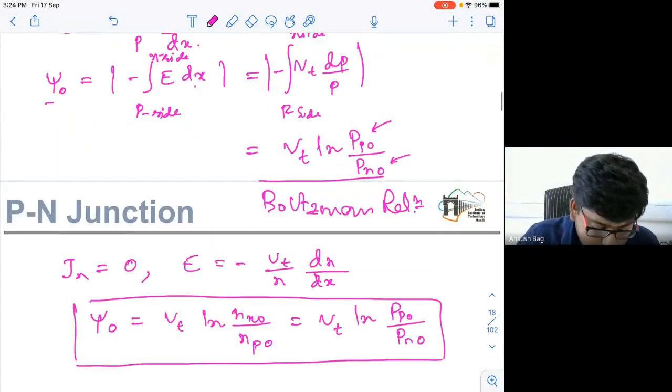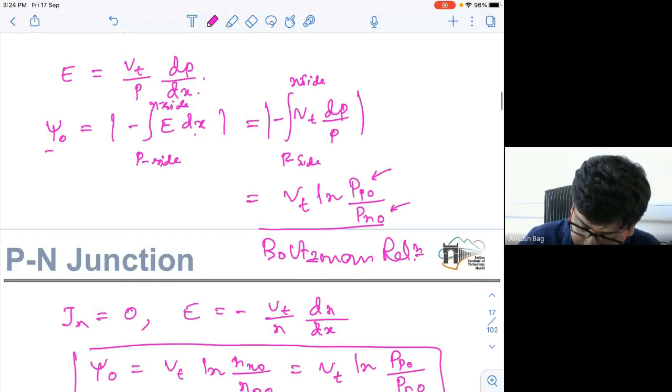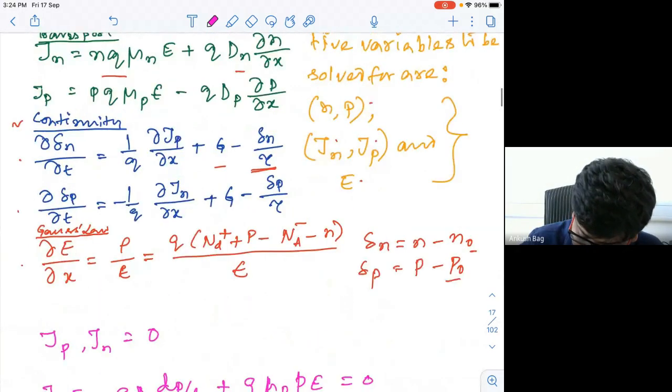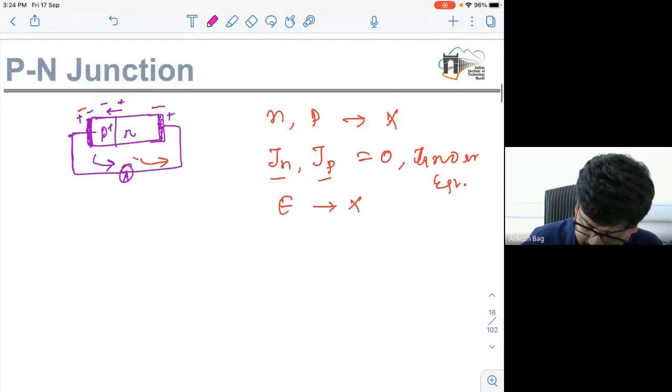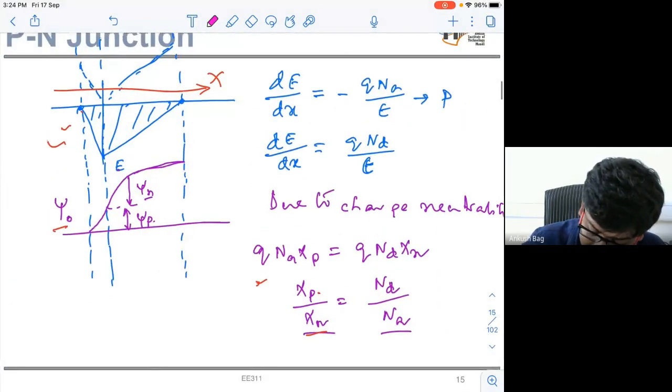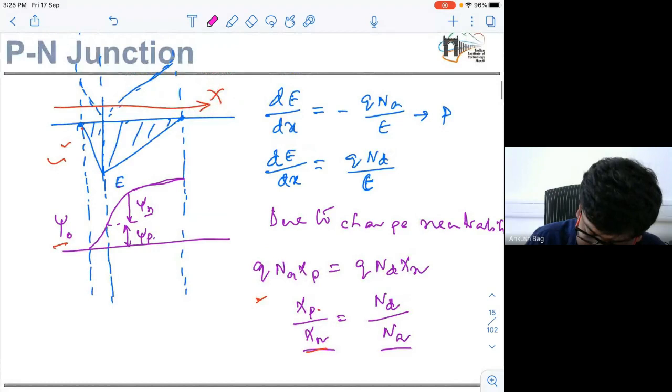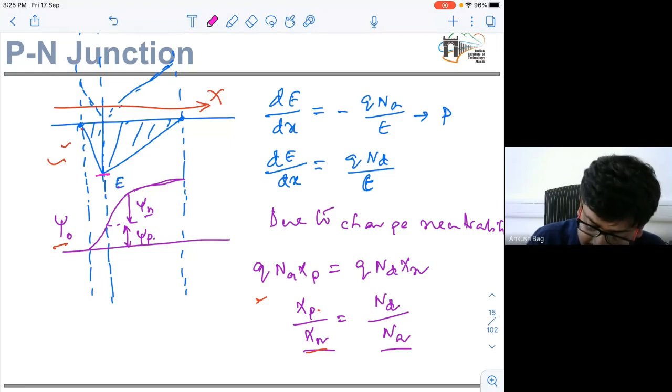Now what about the electric field? If we see this graph, this is the electric field variation across the depletion region, or across the PN junction. If we want to get the potential from this electric field, then simply we need to take the area, or integrate this.